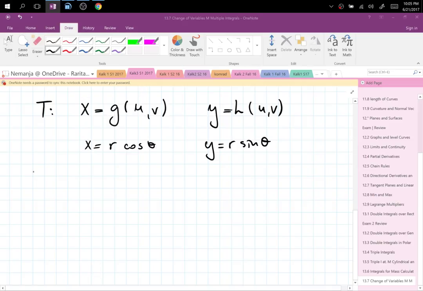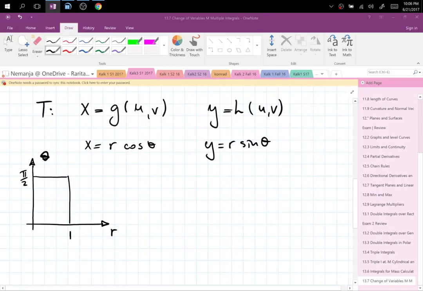So I have a rectangle with pi over 2 and 1. Sorry, that's the R and theta input.